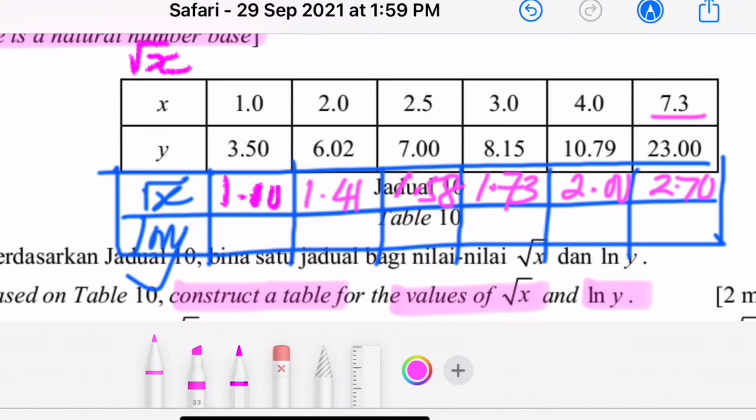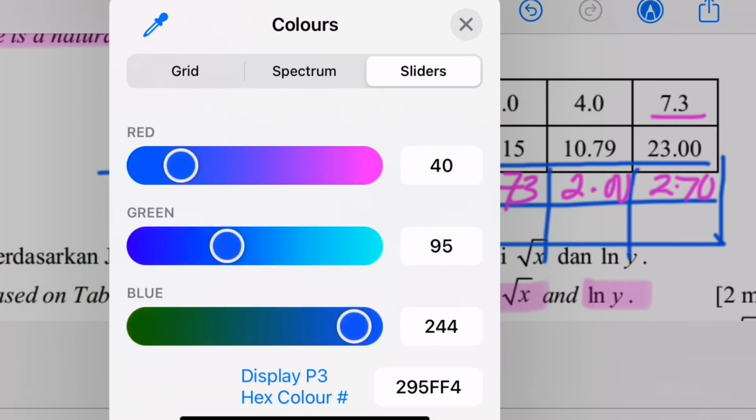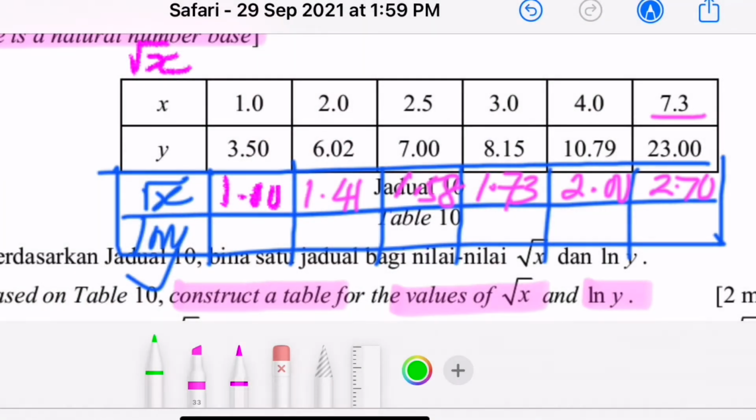Now we need to press ln. Your calculator comes with an ln. So let's write down the ln. For ln 3.5 is 1.25. Ln 6.02, you get 1.80, right?